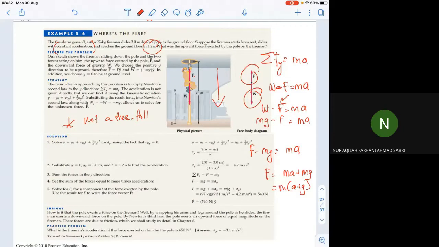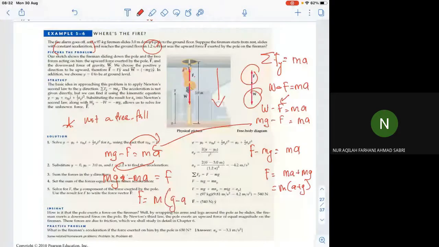So what happened is, if I'm using this part, mg minus F equals ma, which means we bring this here and this one becomes here, so mg minus ma is equivalent to F. So F equals m times g minus a.